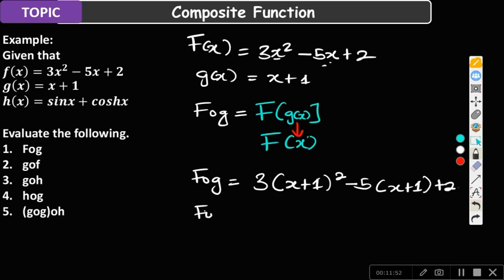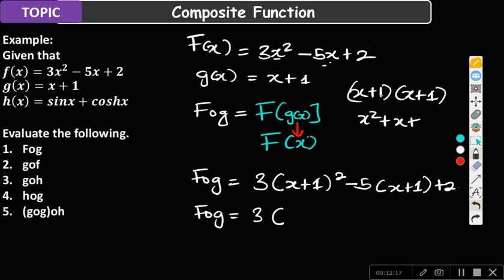Then when you simplify this, it's going to give us f of g is equal to 3 bracket x plus 1 squared. x plus 1 squared will be equal to x plus 1 bracket x plus 1. So we open through. x times x will give us x squared, plus x times 1 will give us x, plus 1 times x will give us x, plus 1 times 1 will give us 1.